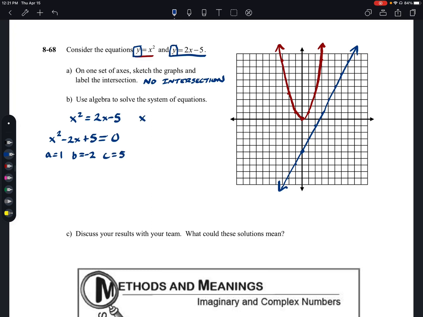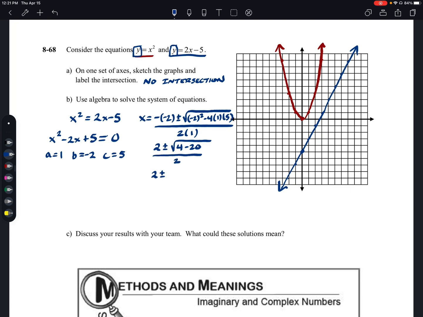Here we go. x equals the opposite of -2, plus or minus the square root of -2 squared minus 4 times 1 times 5, all over 2 times 1. And let's see what happens. We've got the opposite of -2 is 2. Inside our square root, we should have 4 minus 20, all over 2.